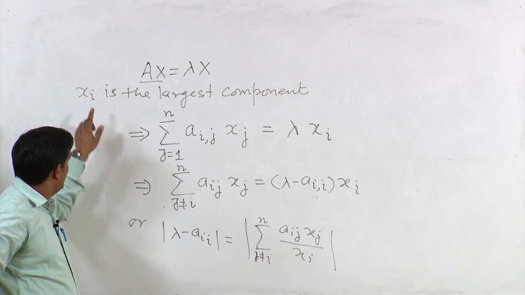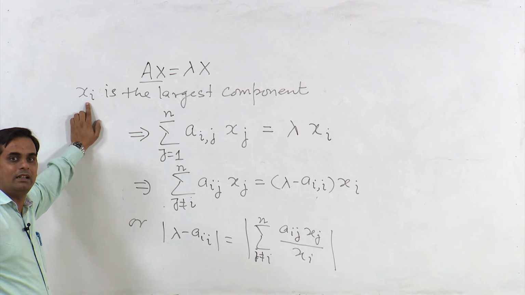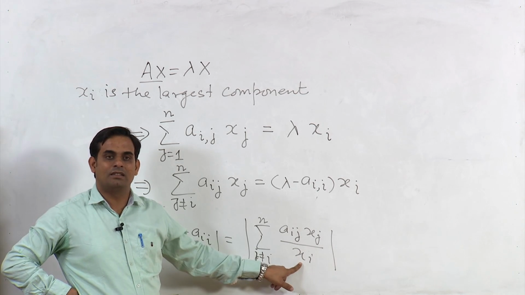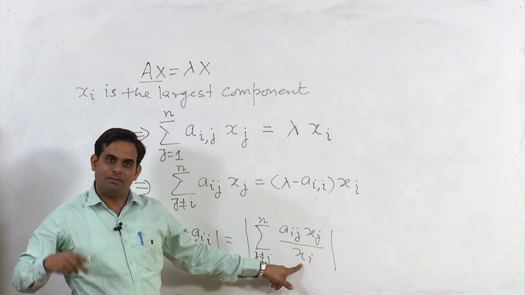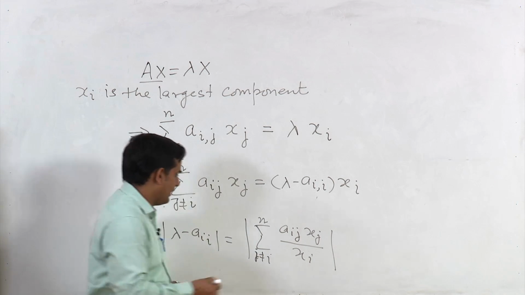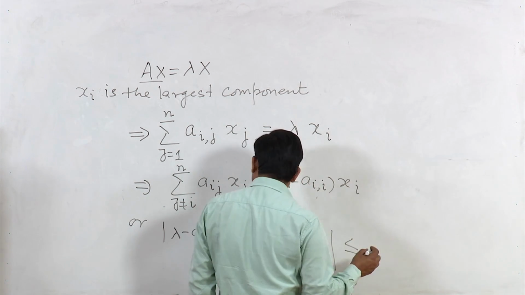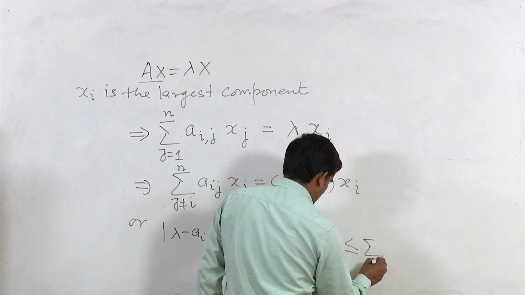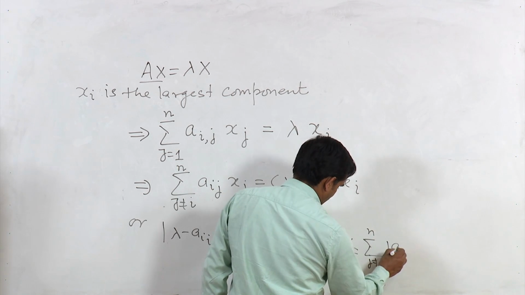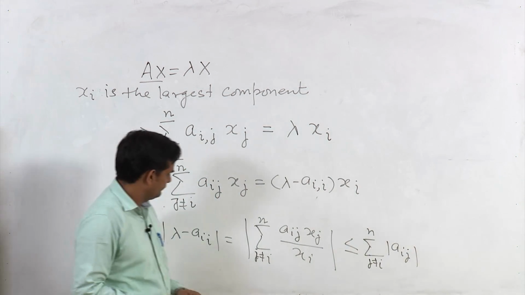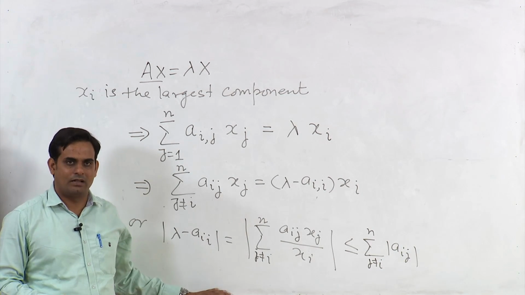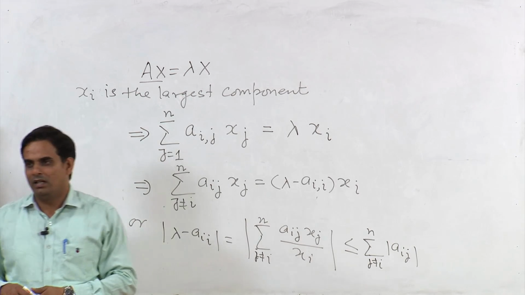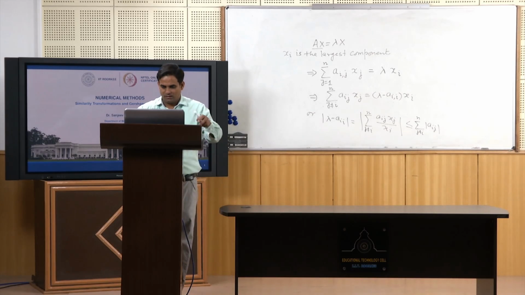In the beginning, I told you that the ith entry is the largest one. So, x_j upon x_i will always be less than or equal to 1. So, if I replace it by 1, what will happen? It will become less than or equal to the sum of |a_ij|, and this is our Gershgorin disk. This is the proof, a very simple proof, coming just from the definition of eigenvectors and eigenvalues.